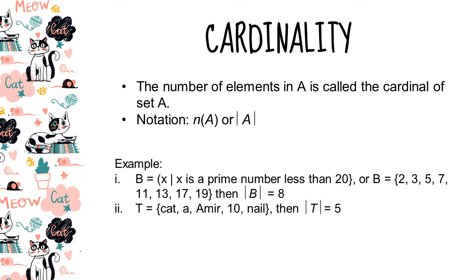For example, number 1, B equals {x | x is a prime number less than 20}, or B equals {2, 3, 5, 7, 11, 13, 17, 19}. Then n(B) equals 8. Number 2, T equals {cat, a, Amir, 10, nail}. Then n(T) equals 5.